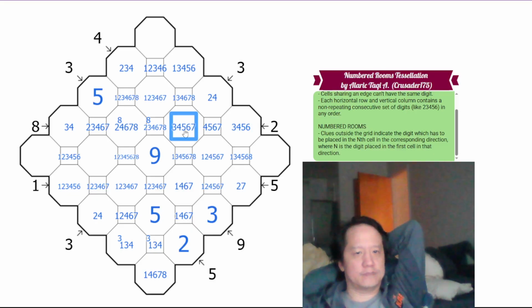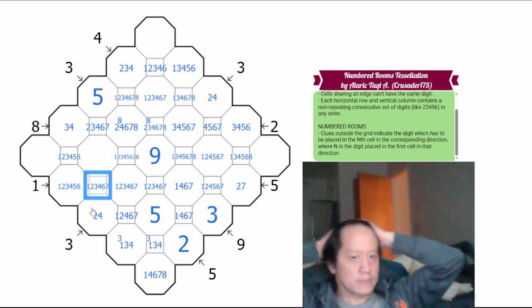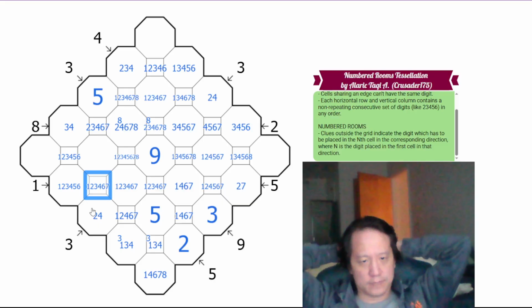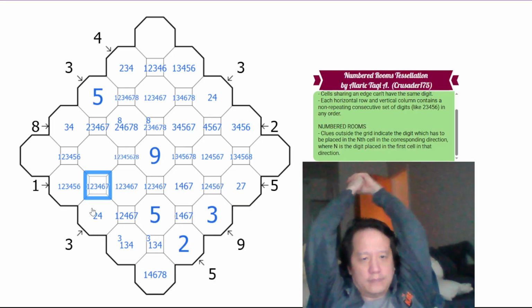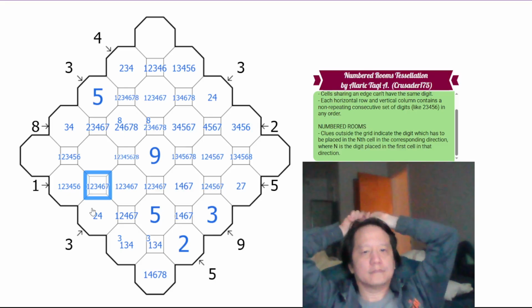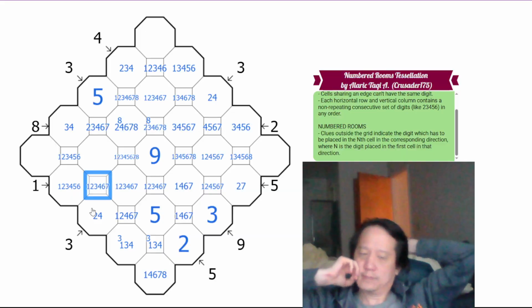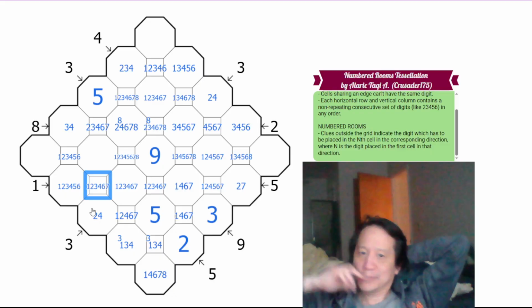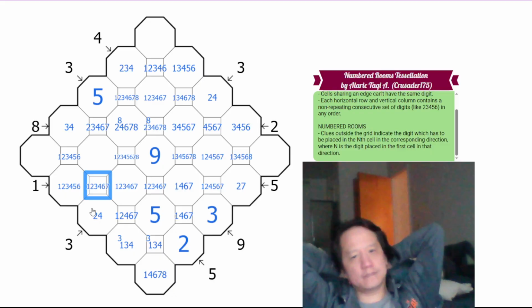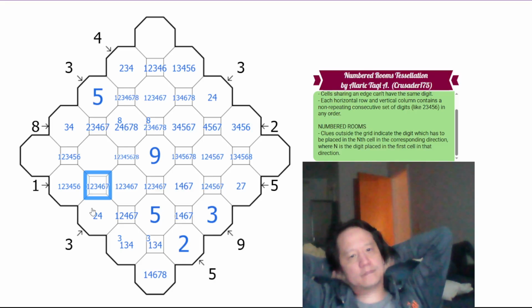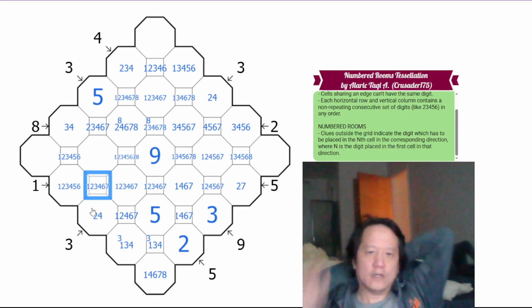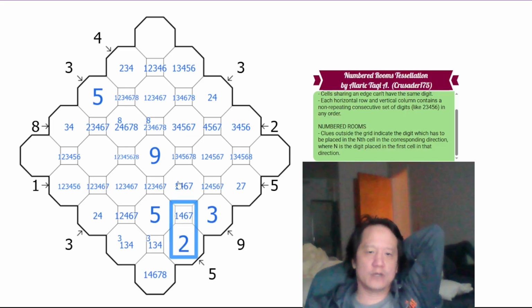Hmm. This can't be 3 anymore because of the 2 in the column here. The 2 has to be 4, 5, or 6.